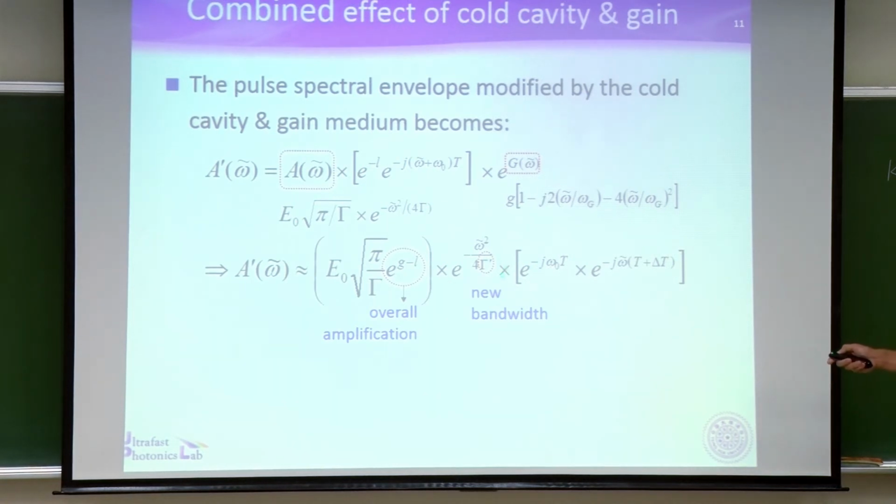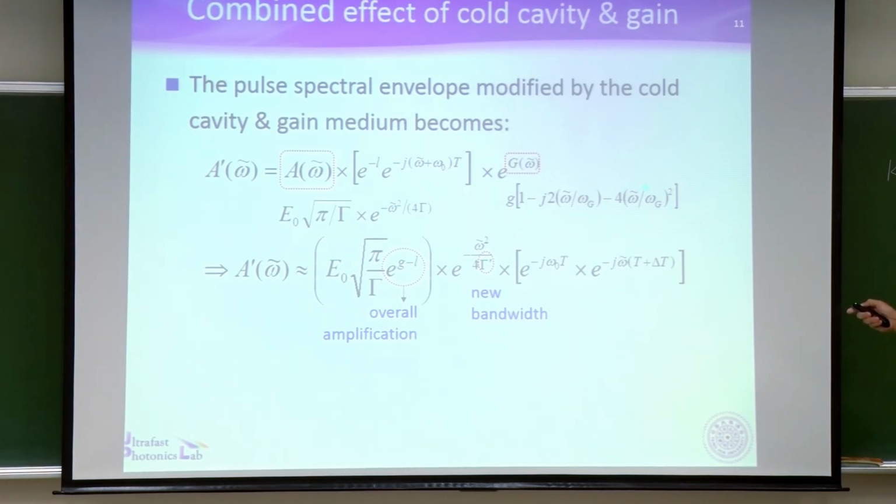The second term, okay, this is a Gaussian function. Where does this term come from? Okay, it comes from two places. Here, you have a Gaussian function already. And you have another Gaussian function due to the third term of the approximation.